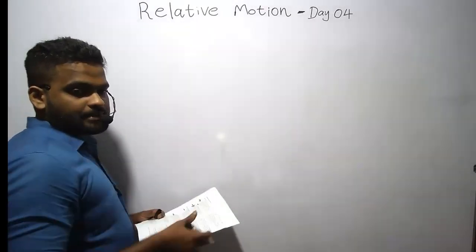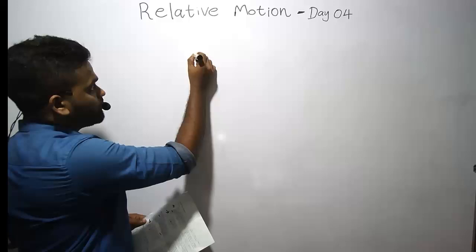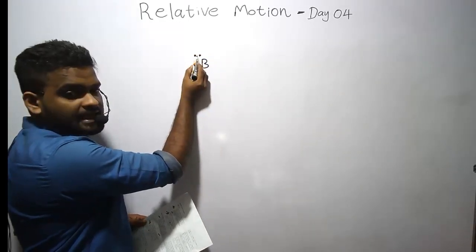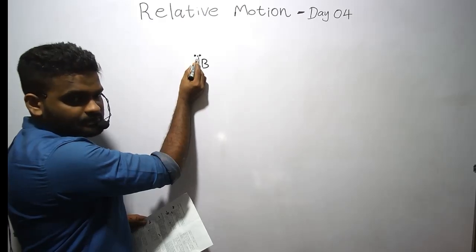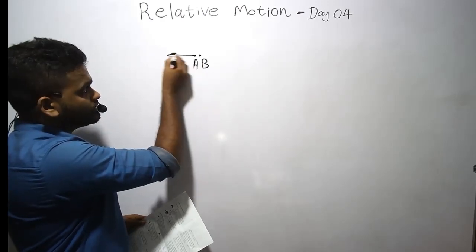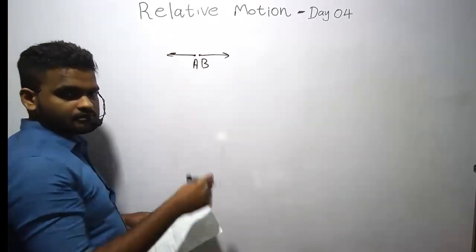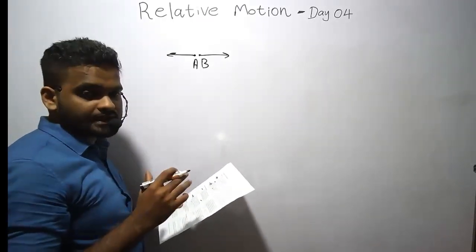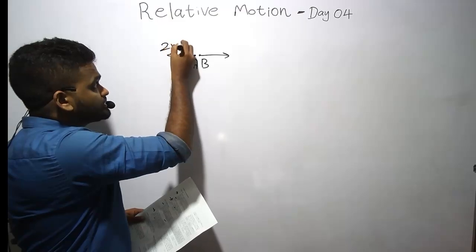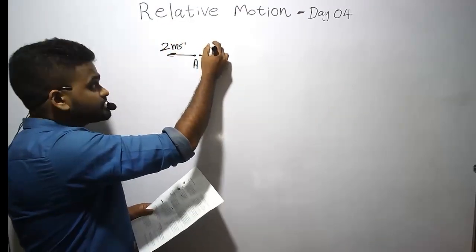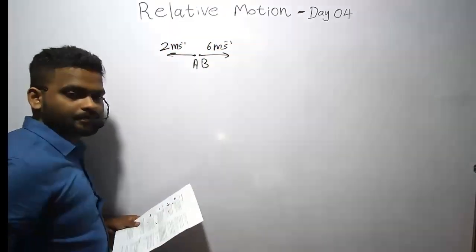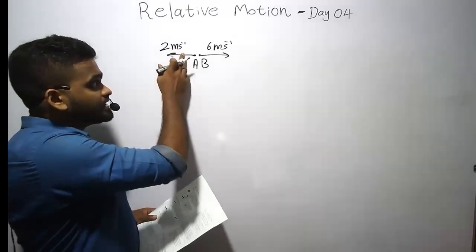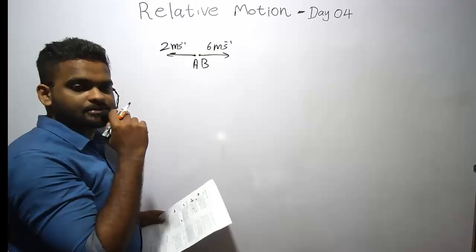So let's say A and B are the men. They start moving from the same place, moving away, and those velocities are given. One is 2 meters per second, another one is 6 meters per second.